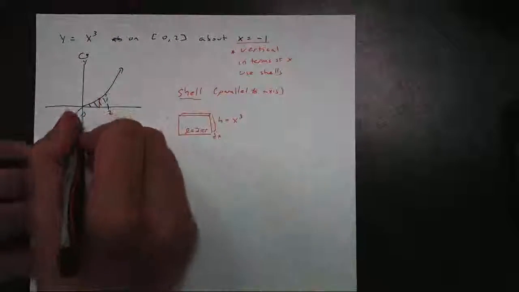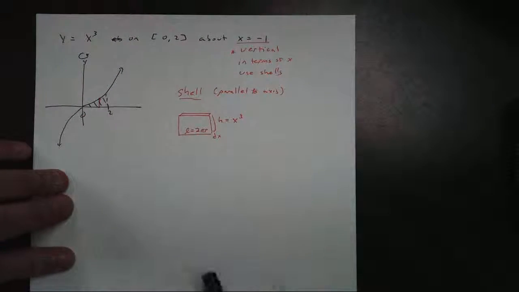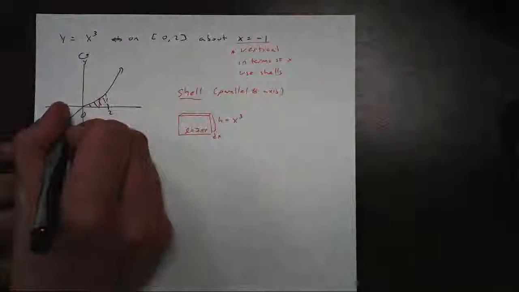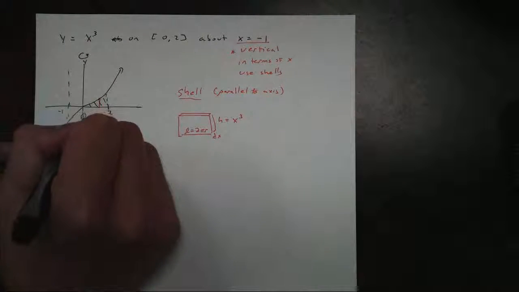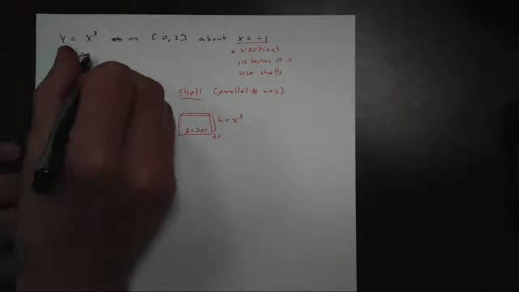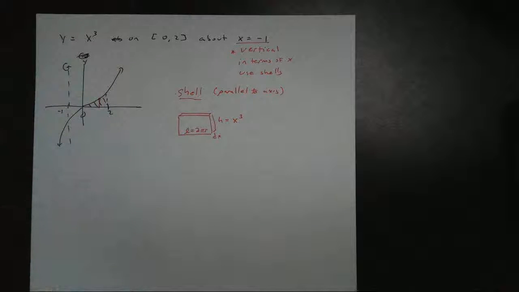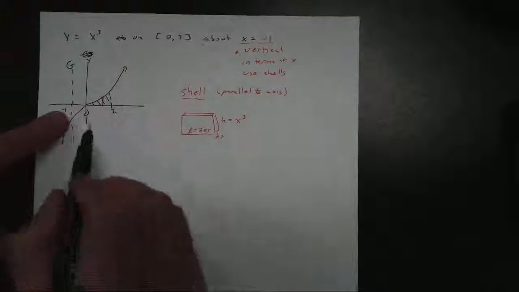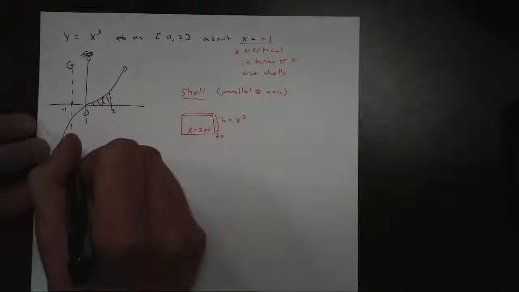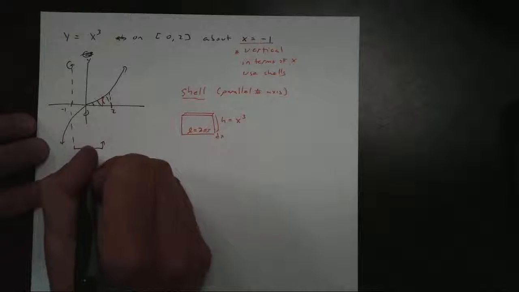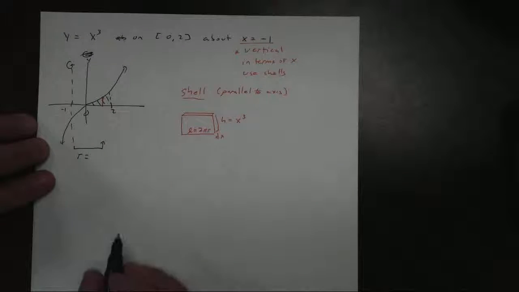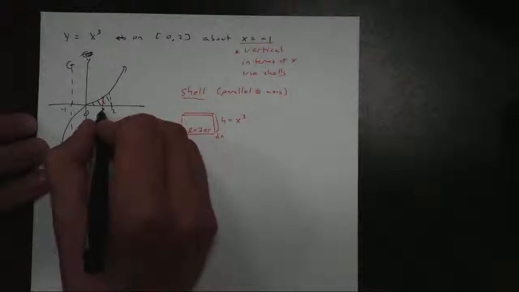R is where it gets a little bit tricky. I'm now revolving it about the line x equals -1. So if I go to -1, I draw my axis of revolution. Sorry, we're not graphing out the y-axis, messed that up. So we're revolving about the line x equals -1. This is r. Well, how do we get r in this case? Remember, this is just some x value.